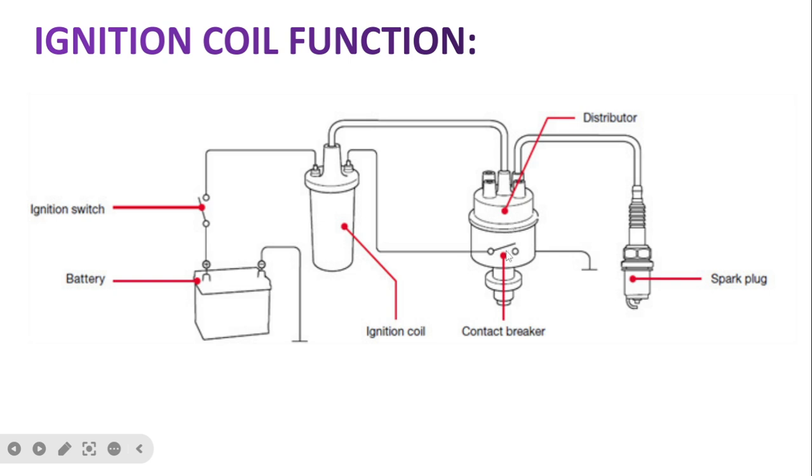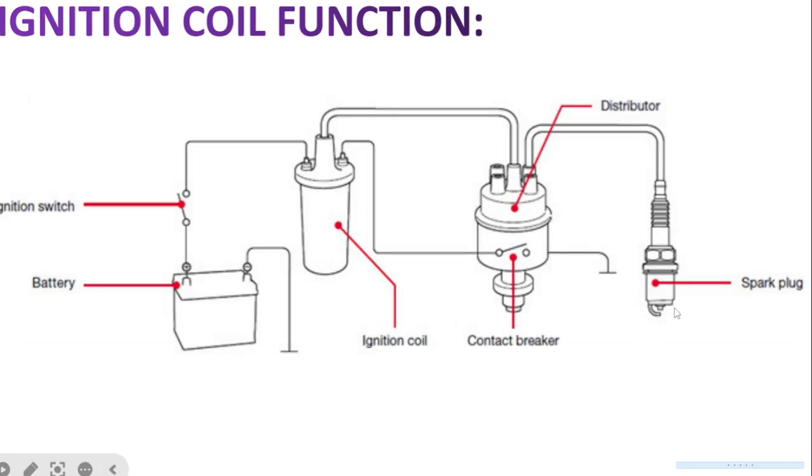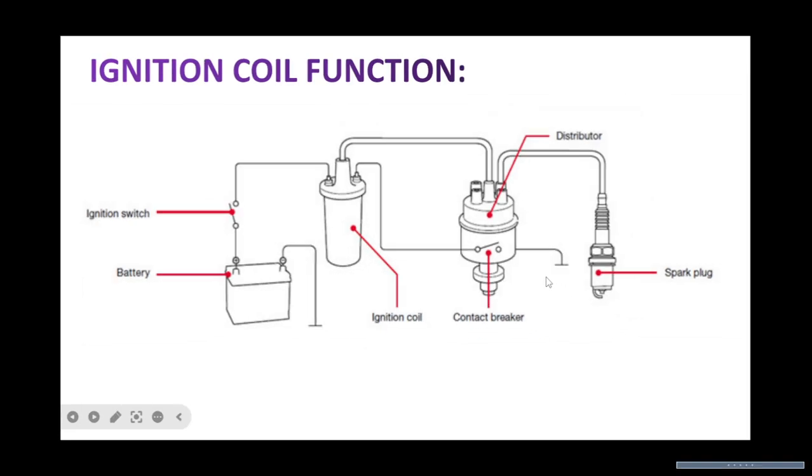This device itself is called the contact breaker, and the distributor is installed on top of it. So this connection is brought to the contact breaker, then the distributor supplies each and every spark plug. Here they have shown only one spark plug, and the spark is created between this portion.